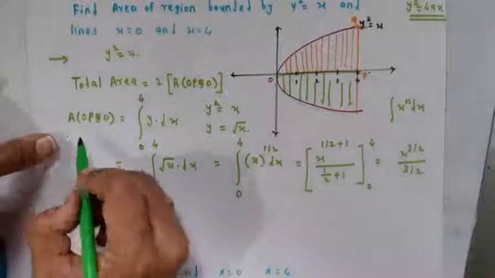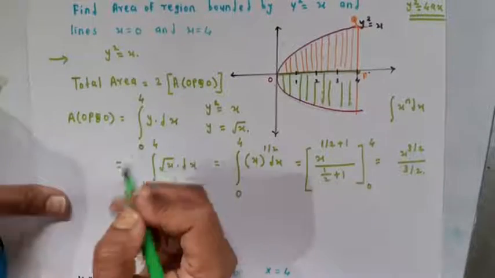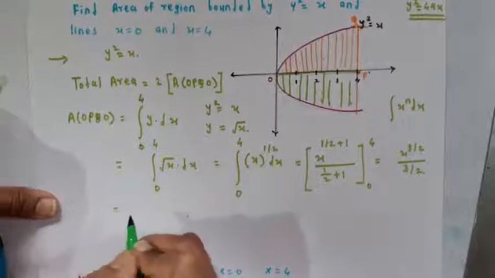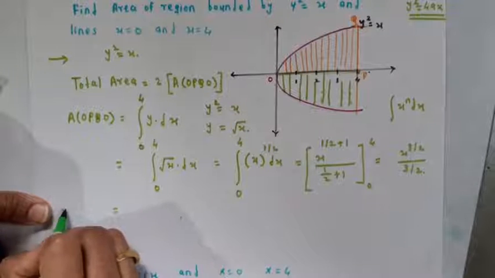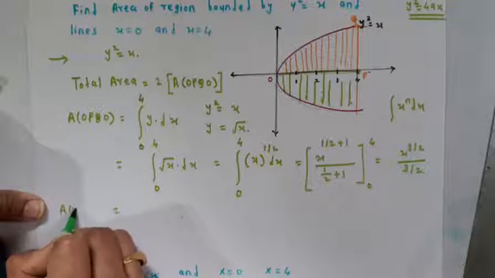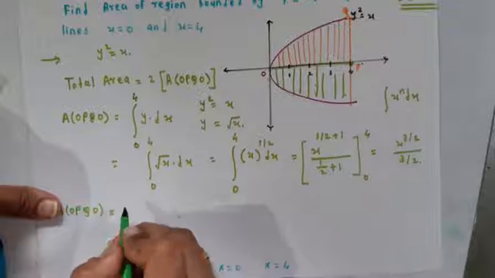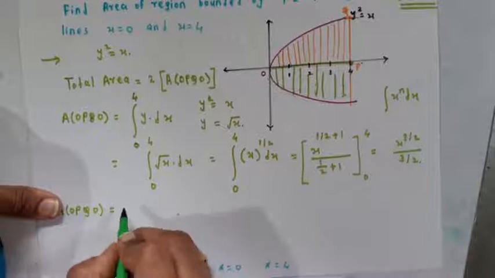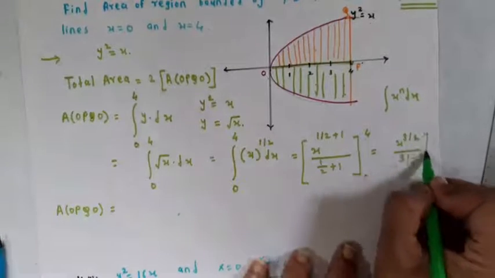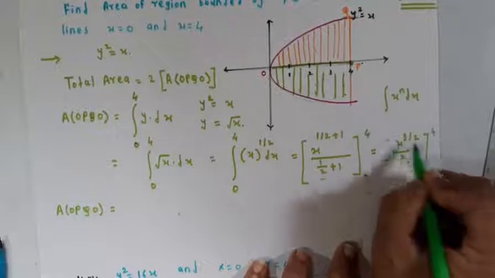Okay, and area OPQO is equal to x raised to 3 by 2 upon 3 by 2, limits of integration 0 to 4.